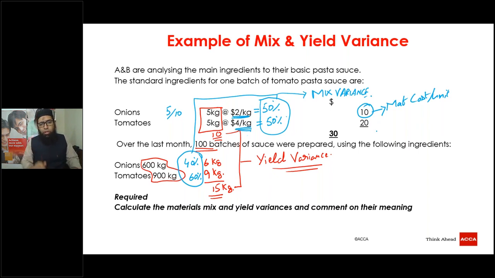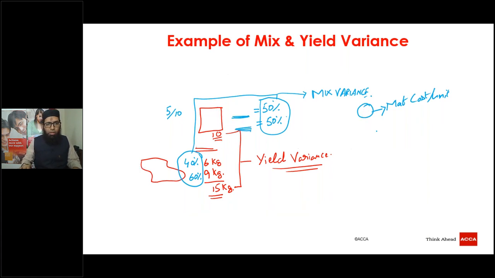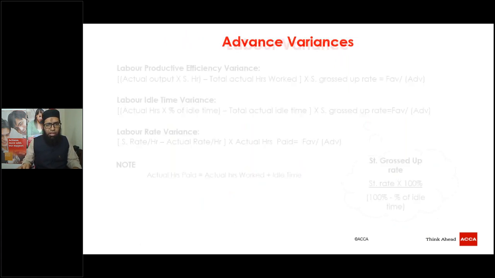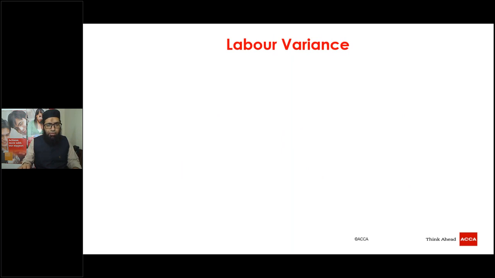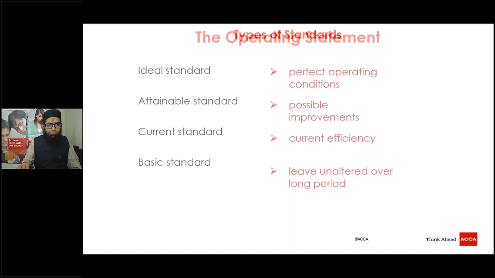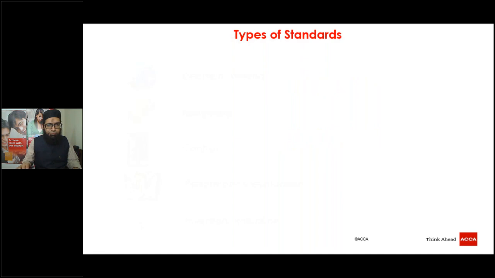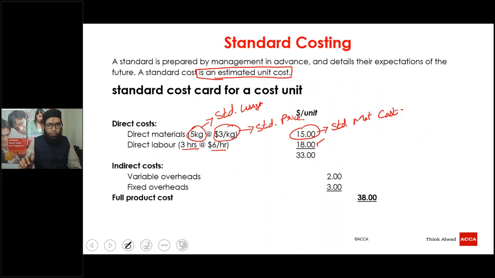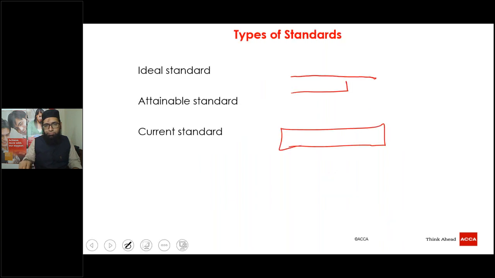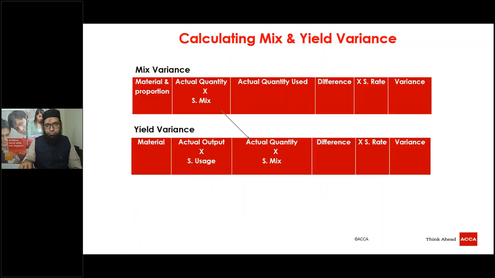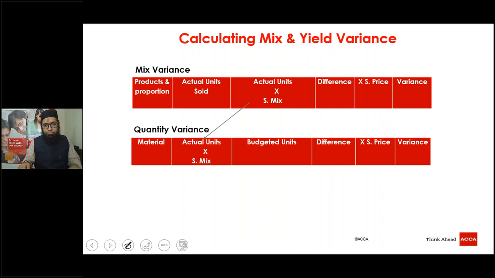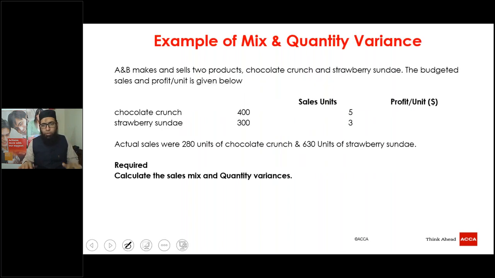So this 10 or 20 is not the price. If I go back to the explanation of standard, I did explain that. Let me go back over there. Over here. So this was the standard price. This was the standard material cost. Okay?